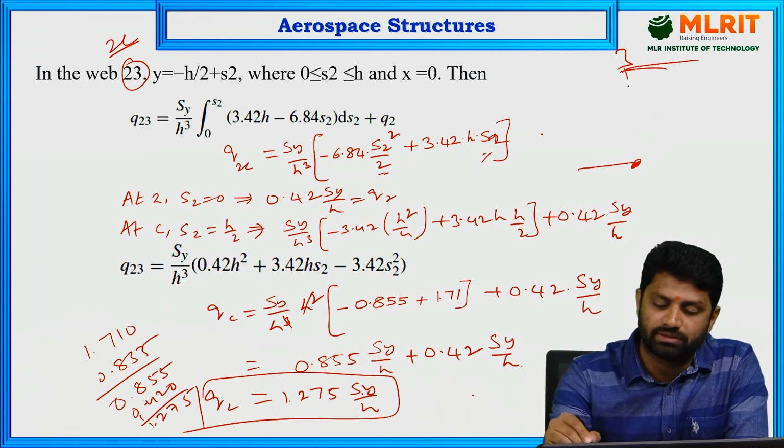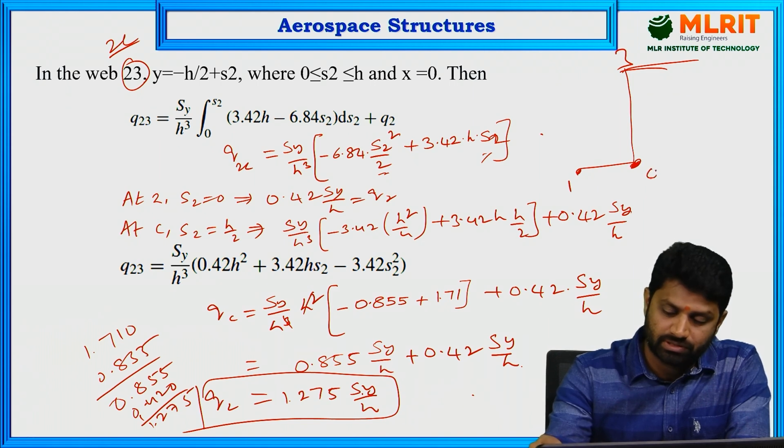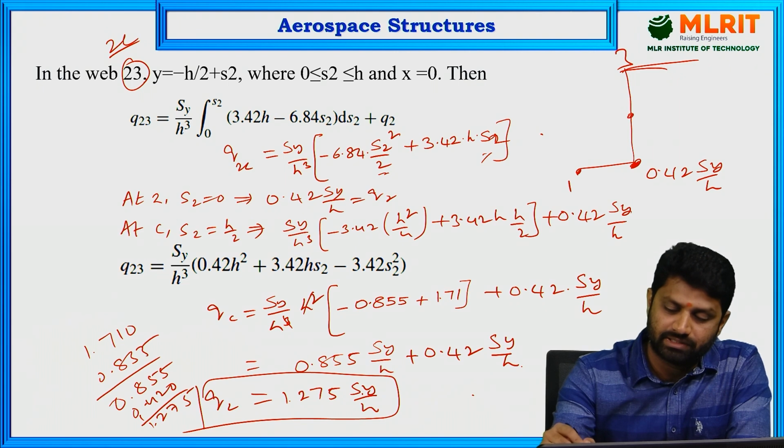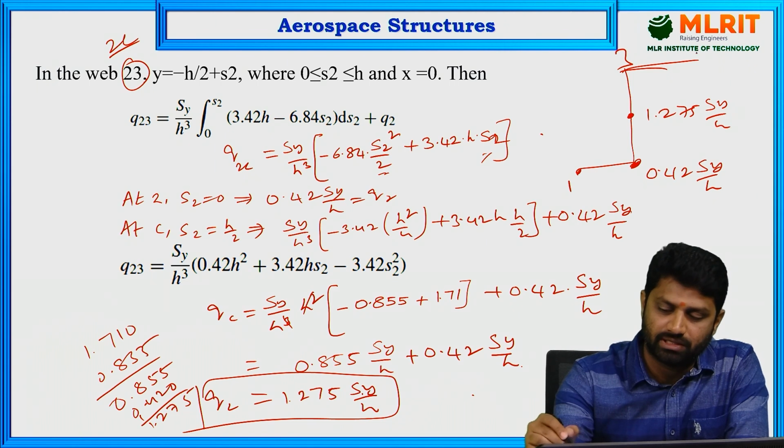So at 1, shear flow is 0. At 2, the shear flow is 0.42 Sy by h. Okay, and at C, the shear flow is 1.275 Sy by h. So similarly, at 4, the shear flow is 0, and at 3 again you can consider that is 0.42 Sy by h.